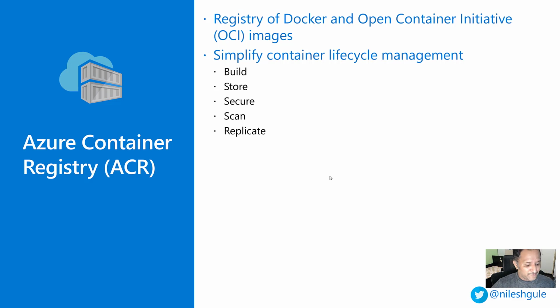If we don't have Docker installed locally on our laptop or system, we can use ACR to build the images remotely on the cloud and store them in the container registry. We can secure them by providing role-based access: who can access the images, who can push images into the container registry, and who can pull images from it.